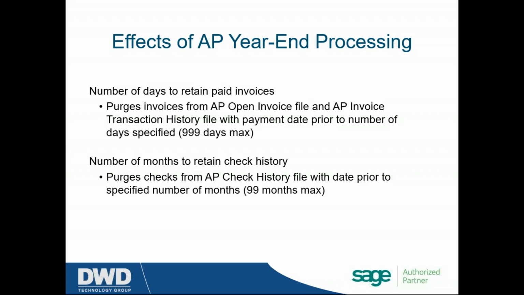Once we reach those limits and data starts meeting those criteria, those are out, and you would need to have had a backup if you ever want to go back and see them in the history file.